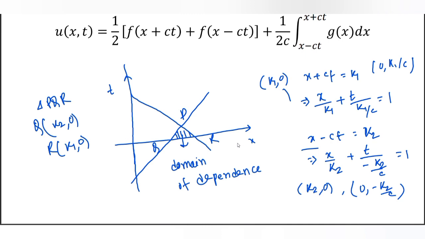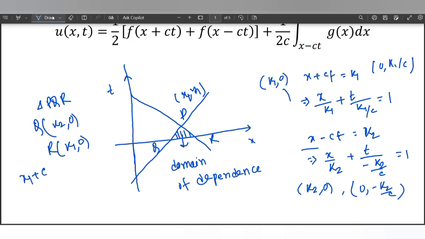If the intersection of the line x + ct equal to k1 and x - ct equal to k2 is (x1, t1), then we can also say that x1 + ct1 equal to k1. This implies x + ct equal to x1 + ct1, and similarly x - ct equal to x1 - ct1. This area is called the domain of dependence. Here x + ct and x - ct denote the domain of dependence.